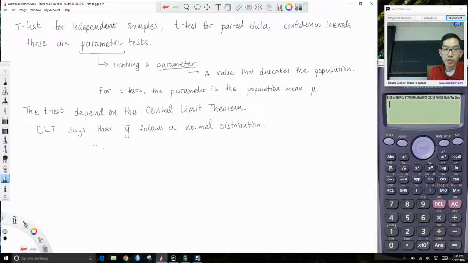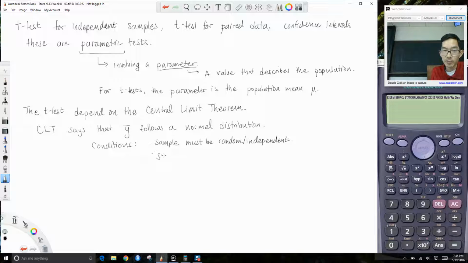But there are a few conditions. The conditions are the sample must be random, and the values within the sample must be independent.